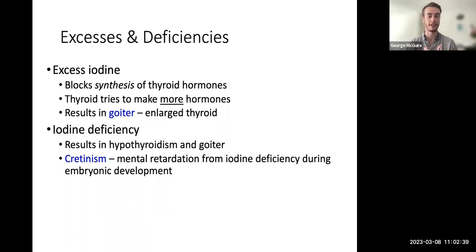And so having too much iodine is going to end up actually blocking the synthesis of this thyroid hormone. As a result, the thyroid is going to react and try to produce more of that hormone, and that is what results in goiter, or those enlarged thyroid glands. Having too little results in hypothyroidism, meaning not producing enough, and can also result in goiter.